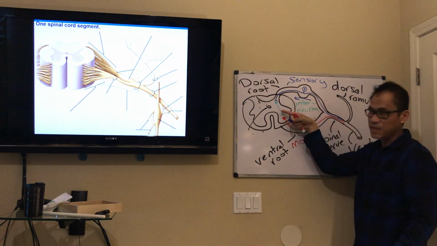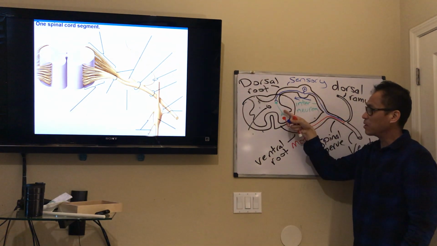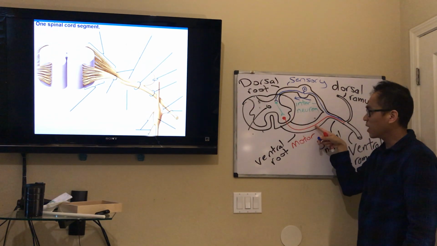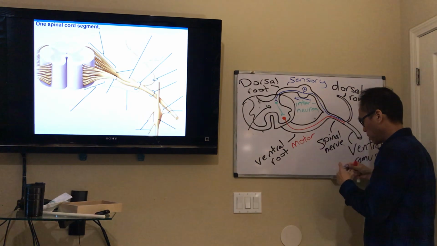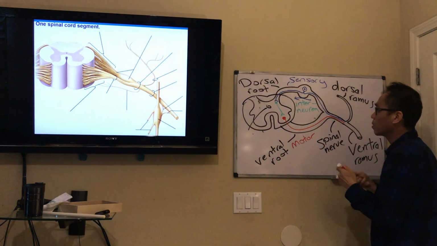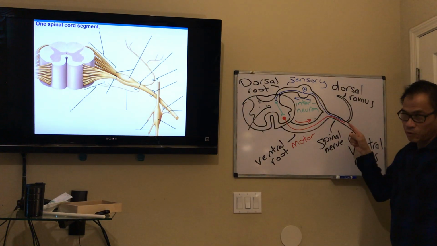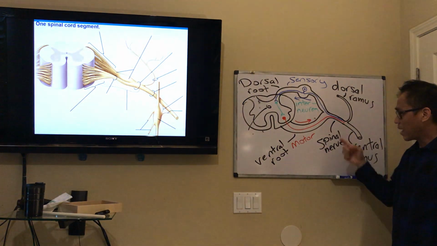Information to the CNS, that's sensory. Then you synapse to an interneuron, and information going away from the CNS this way, that's motor. And then we see that the spinal nerve is mixed, it's sensory and motor.